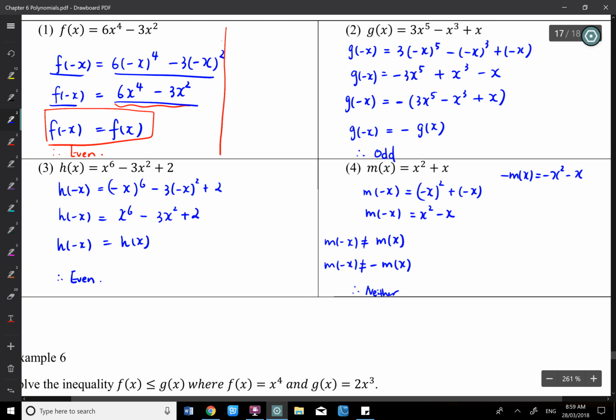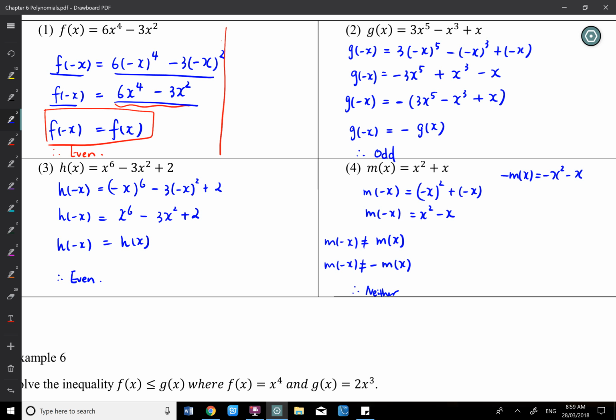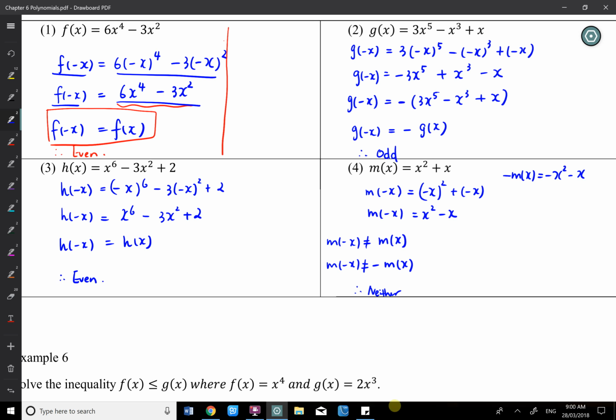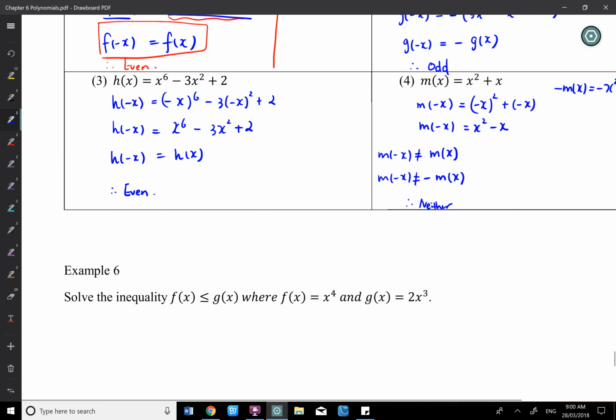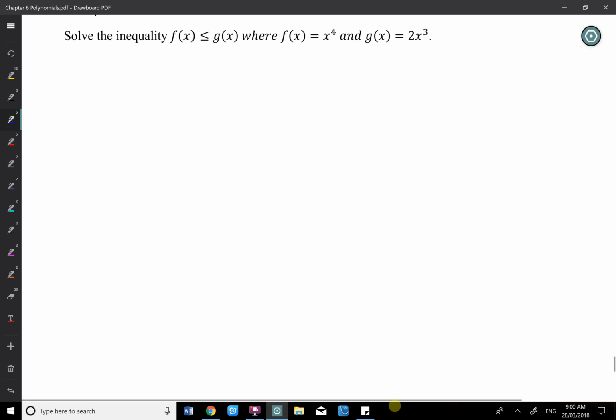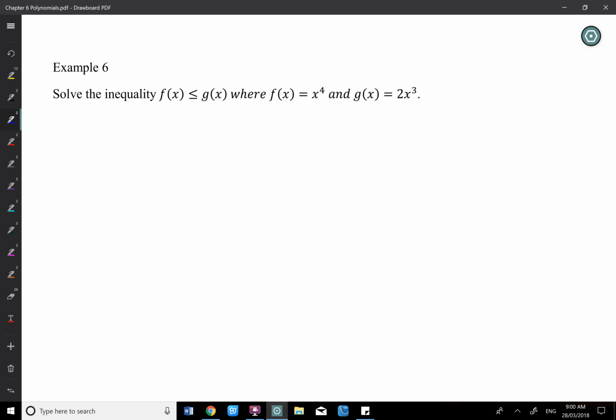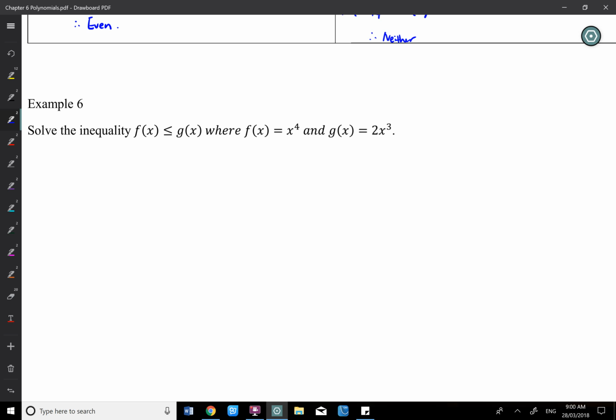For this question, you can test whether they're even or odd, but what I want to show you is how to prove something. This should be the correct step to show something, so just pay attention to that. The definition of even and odd functions is not hard. It is hard when it's combined with other questions.